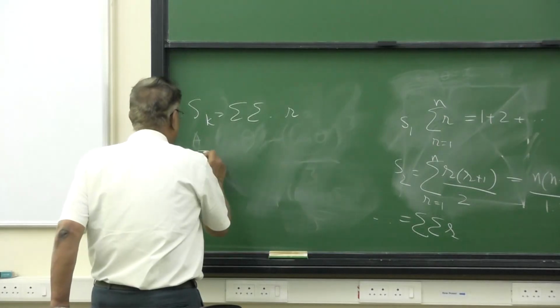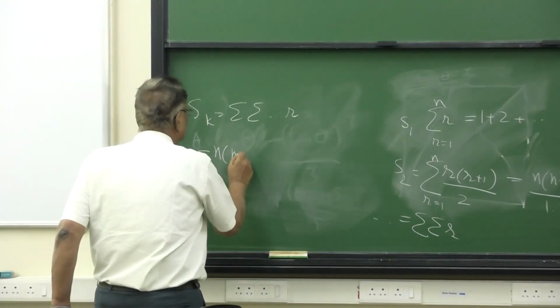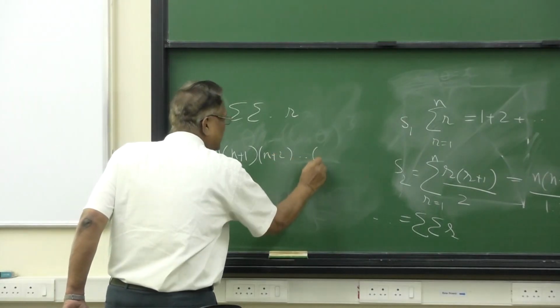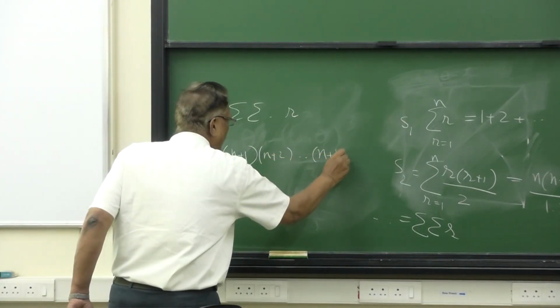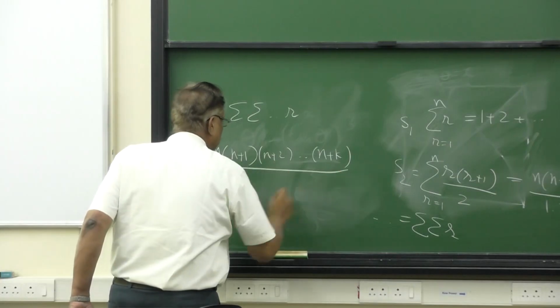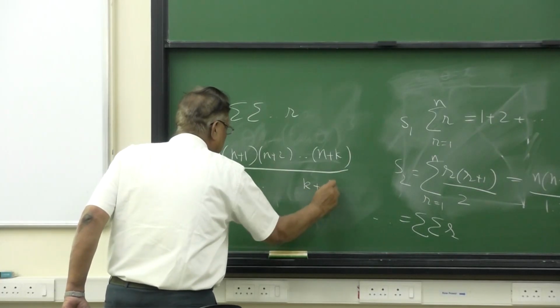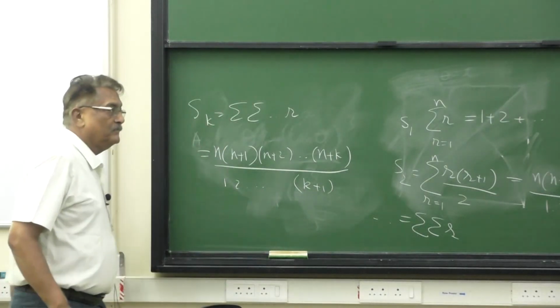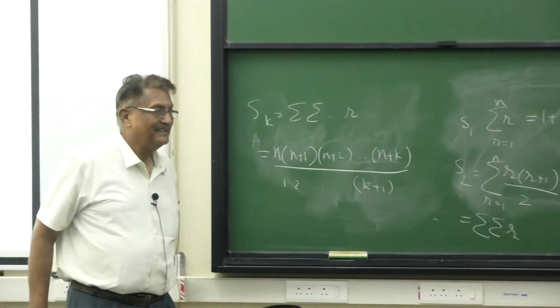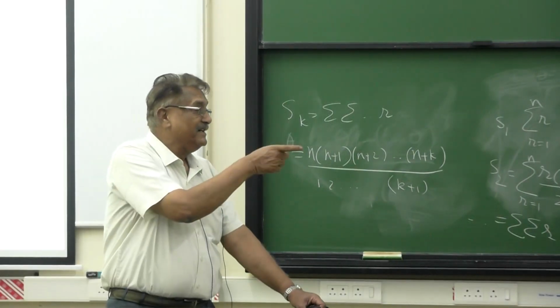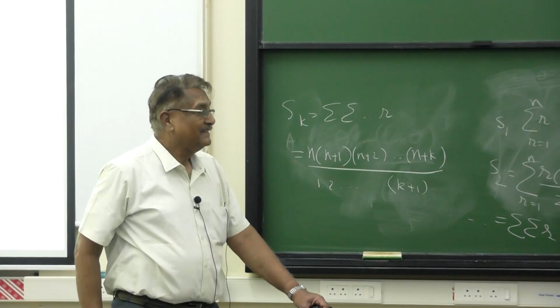He gives the result, he generalizes this. And this is crucially needed for the infinite series for sine and cosine.